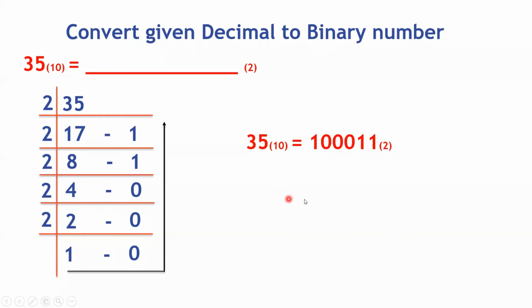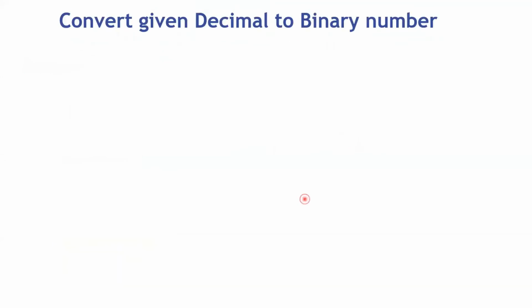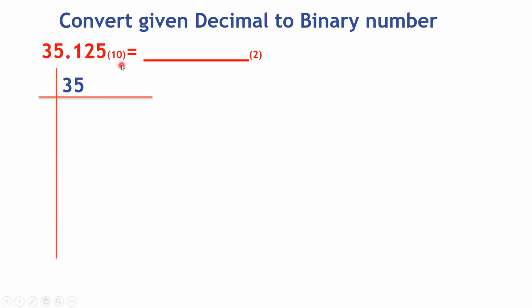Suppose a number is given where it is a floating point, like 35 point something, 35.625 or 35.125. Like this, the examples will be given. Now, in that case, how are we going to solve it? Say the given number is 35.125 base 10, which you are supposed to convert to binary.